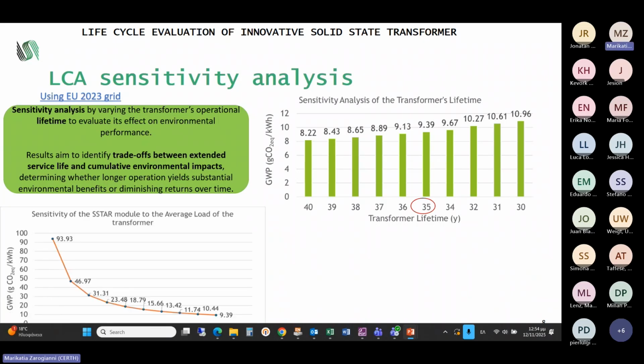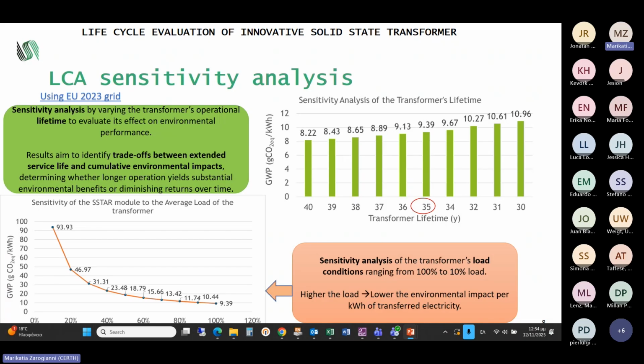In addition, a sensitivity analysis was performed on the average load of the transformers to account for varying operational conditions. While the base scenario assumes 100% average load, this analysis explored the environmental impact over more diverse load levels.